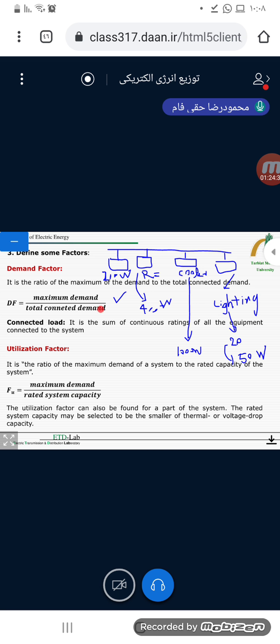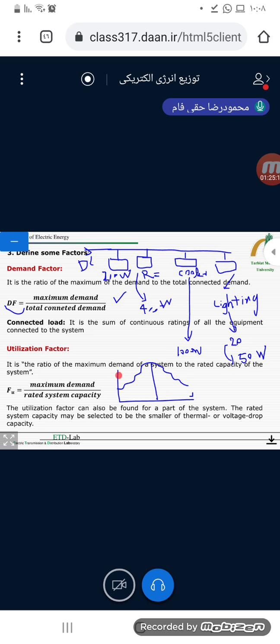Okay, we want to determine the demand factor for this home. If you connect a data logger here, maybe you see a load curve or demand curve.